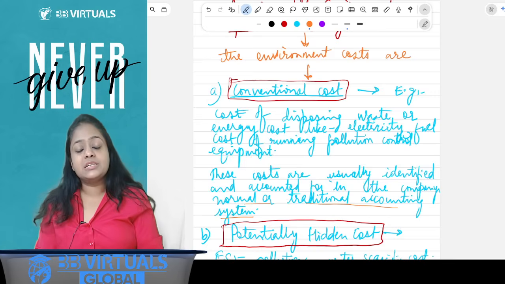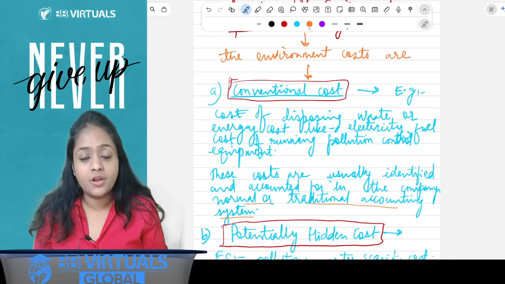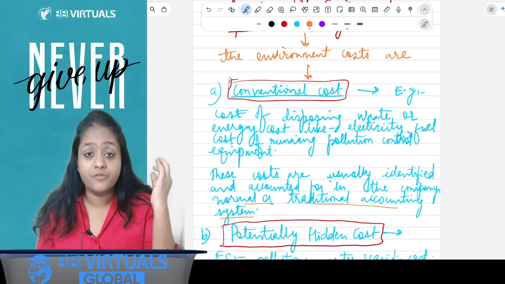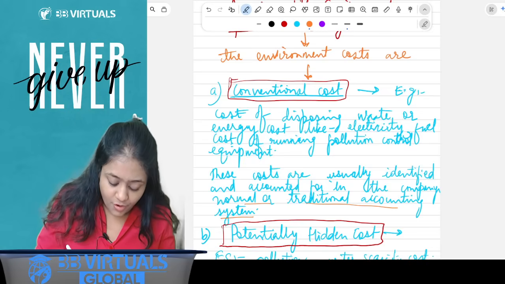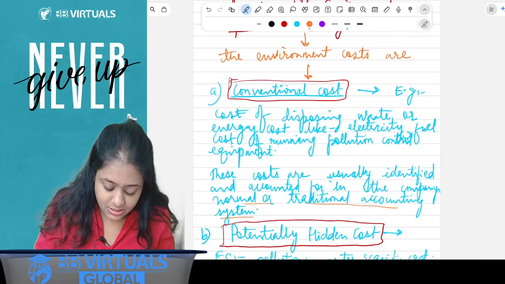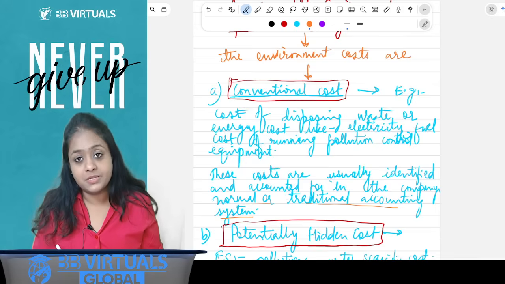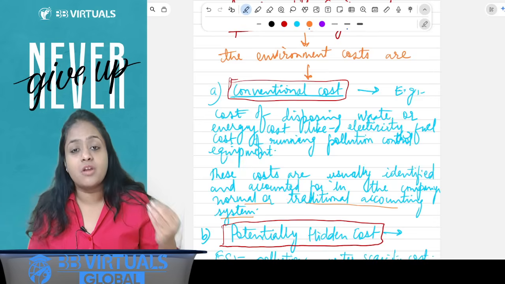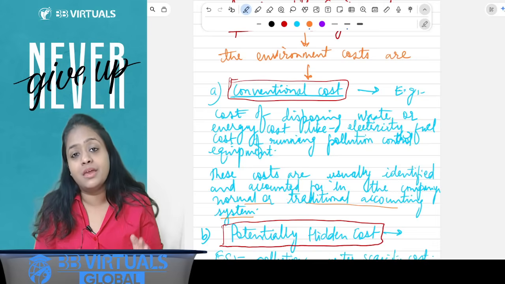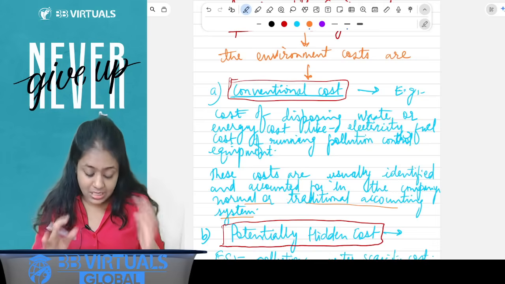So these costs are already accounted for somewhere in your normal accounting system. We don't have to really account for them separately. For example, the cost of disposing waste, or energy costs like electricity, fuel, and the cost of running pollution control equipment. These costs already relate to the environment and energy, and are already there in the cost accounting processes.